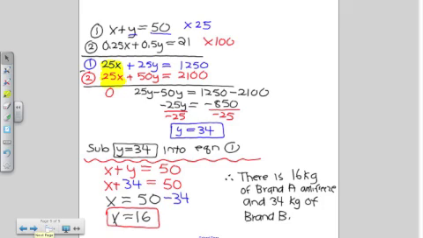So mixture problems, when they're set up, can really resemble our investment problems because of the decimals involved with the concentration.